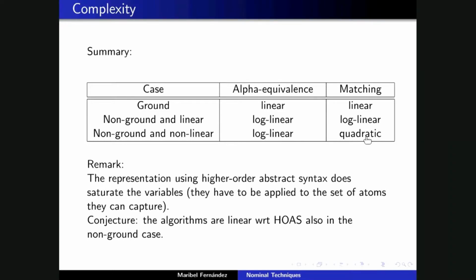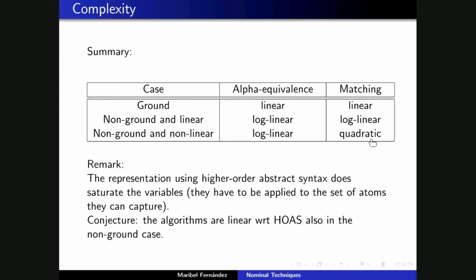So our conjecture, although it's not proved, is that it can be done in less than quadratic. But when you do these kinds of complexities, you always need to be very careful when you read the complexity of an algorithm, because it is done with respect to the size of the input. So if you say that an algorithm is linear, you are saying it's linear in the size of the input.